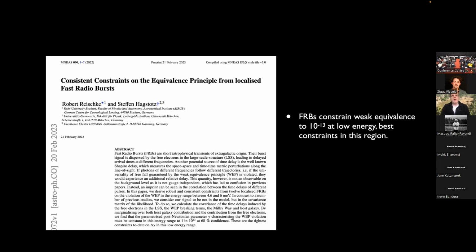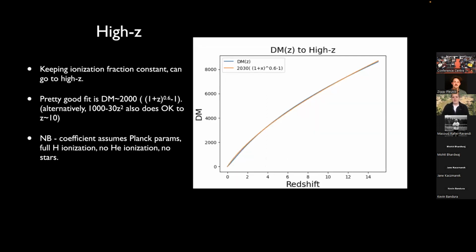But the limit on the Newtonian violation, the mass gravity acceleration equivalency, is 10 to the minus 13 for the non-Newtonian parameter, and these are the best constraints in this low mass region. So just right away, we can get some pretty cool basic physics out of FRBs, just because we can measure their relative arrival times, their fractional arrival times, to something like a part in 10 to the minus 17.